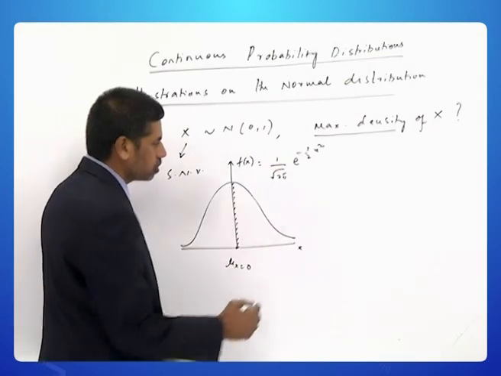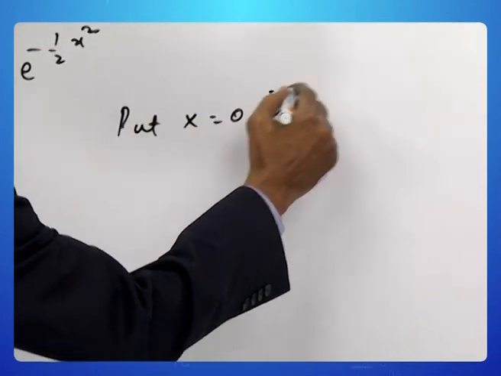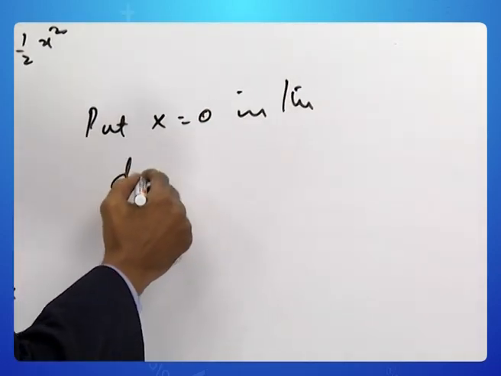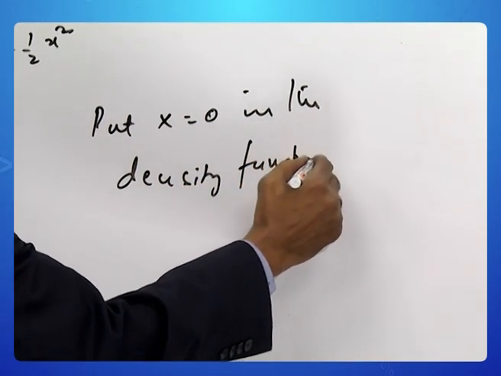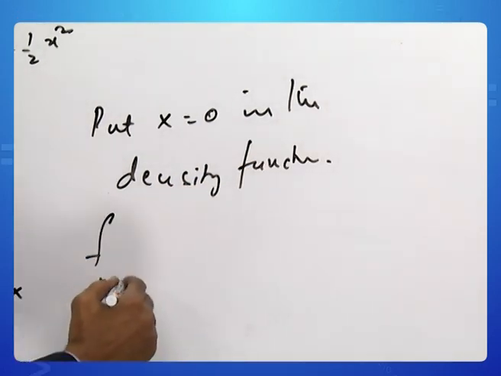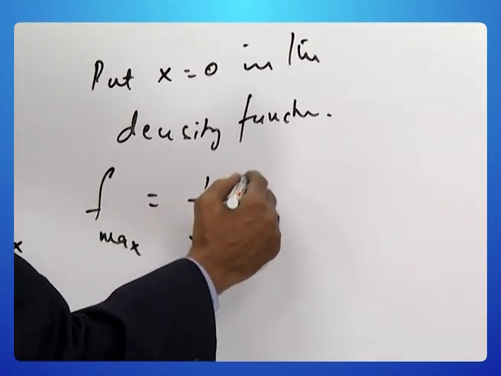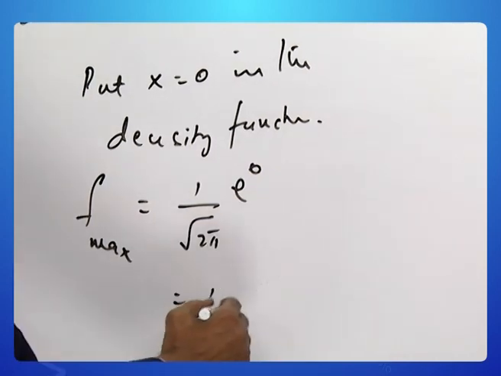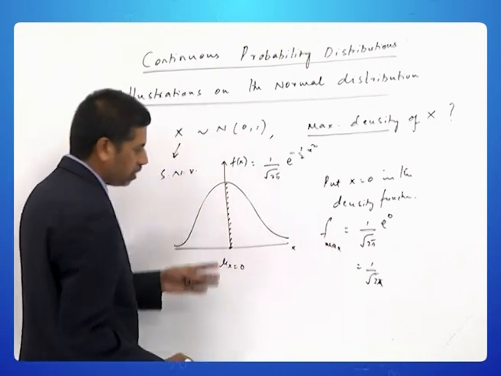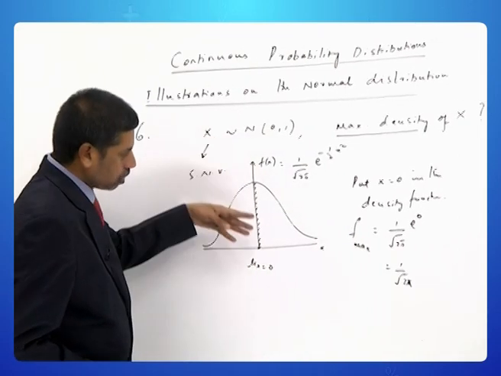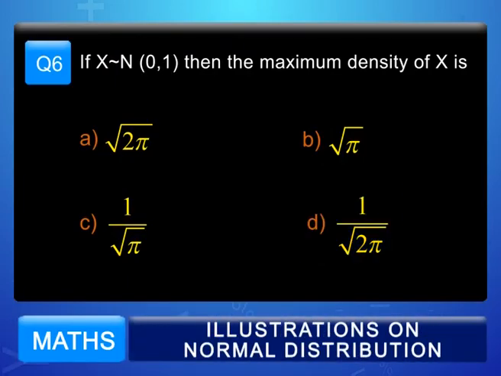So when you put x is equal to 0 in the density function, you will get maximum density is equal to 1 by root 2 pi e power 0, which is 1 by root 2 pi. So the maximum density of a standard normal variate is 1 by root 2 pi. You can find this as option D.